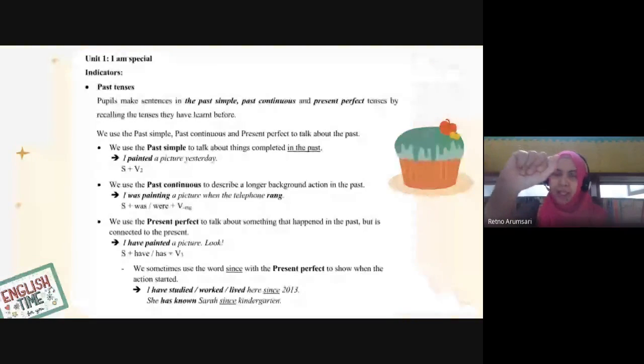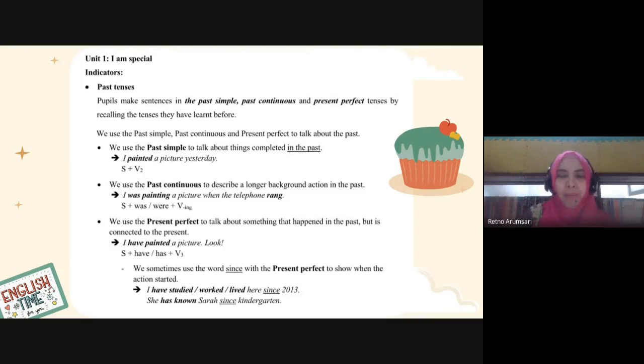Here, this is the picture. You can see the result right now. And, oh, I'm very full. That is the result of I have eaten too much. Okay? 6C. That's the first one.